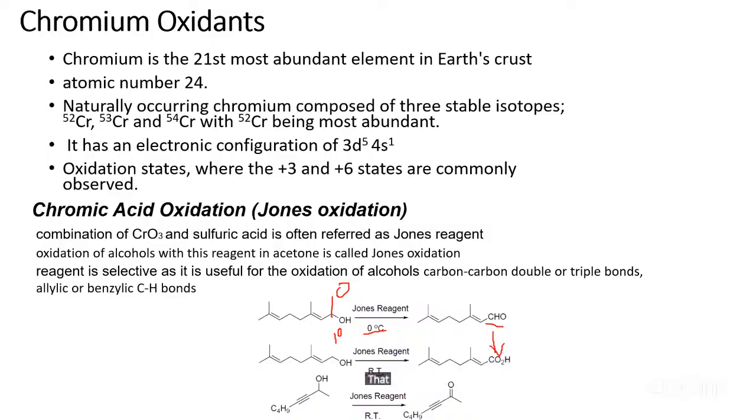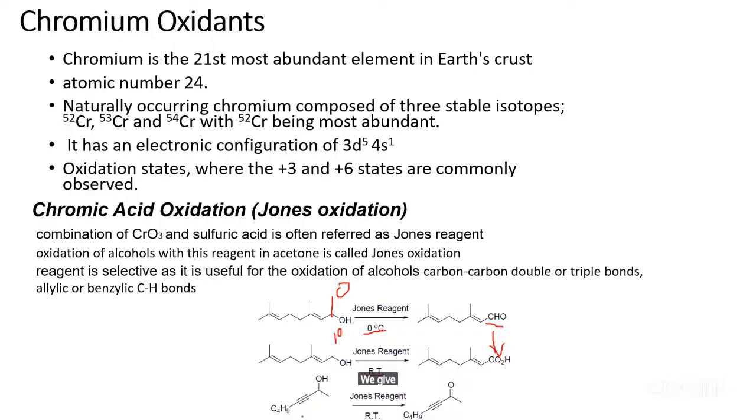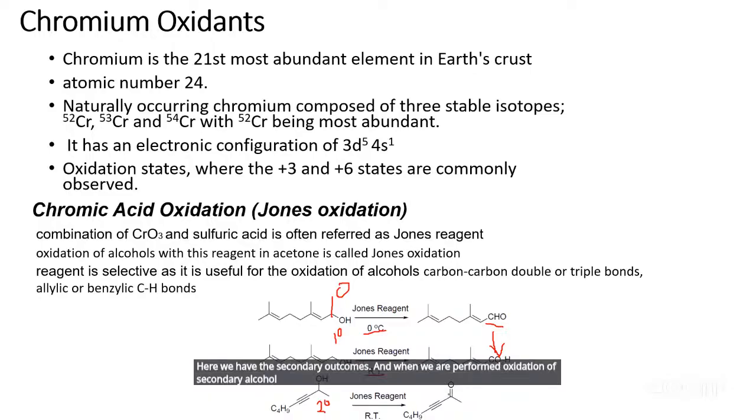That means at room temperature, by varying the conditions, we get a different product. In the third, here we have secondary alcohols. When you perform oxidation of a secondary alcohol, it gives the respective ketone molecules.